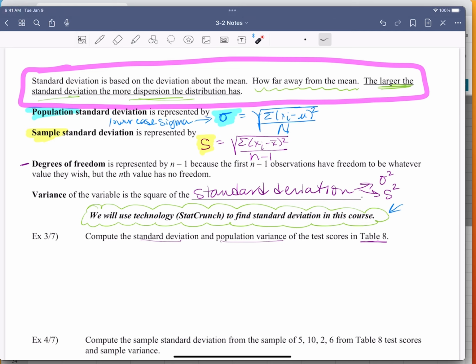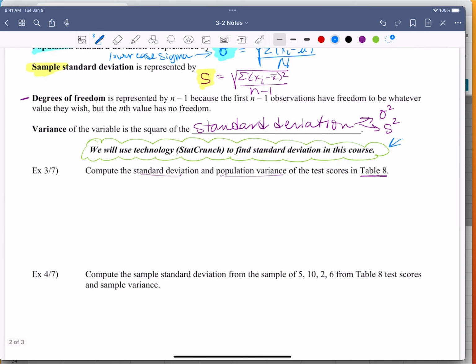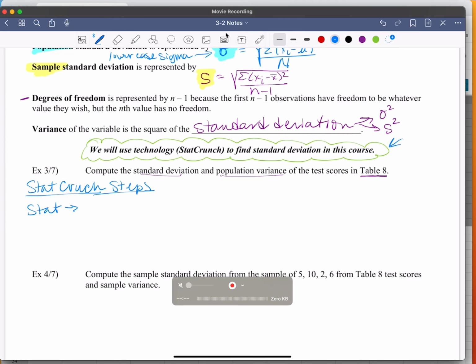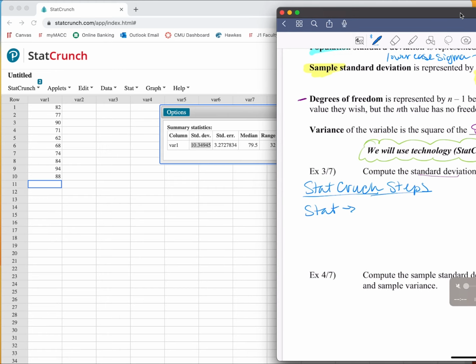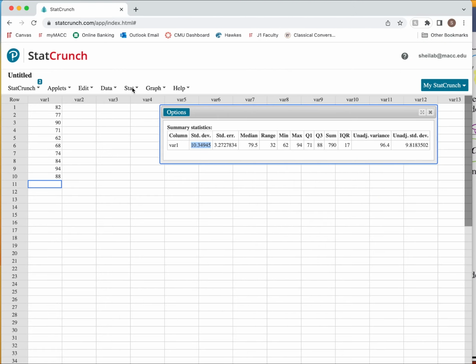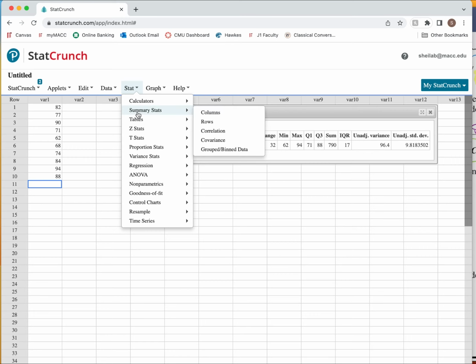All right, I'm going to write our steps down here, our StatCrunch steps, just so that you have them in your notes. I'm sure you've already done it because you're amazing students, but I just want you to see what this is, StatCrunch steps. You're going to click Stat. I thought maybe I'll try to do two on here at the same time. So if we go to Stat, oh dang it, it won't let me do it. Summary stats, and columns.